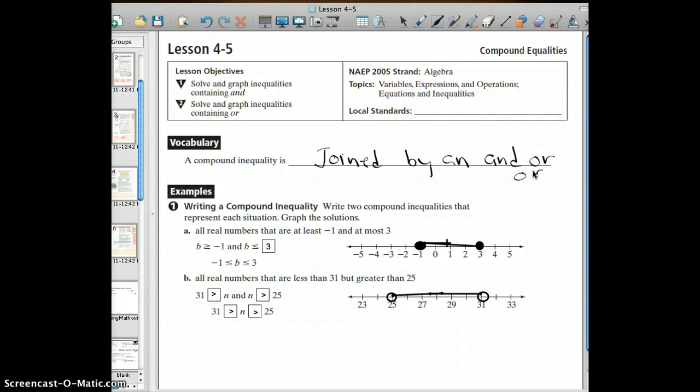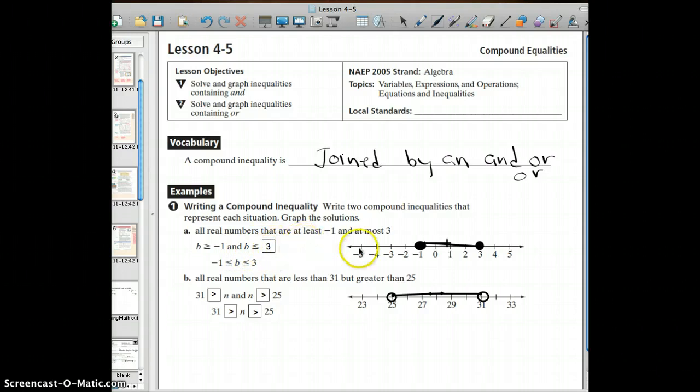Let's look at two compound inequalities here and compare the two. The first one, we're looking at all real numbers that are at least -1 and at most 3. So we have b, which is our variable, is going to be greater than or equal to -1, and it's going to be less than or equal to 3.